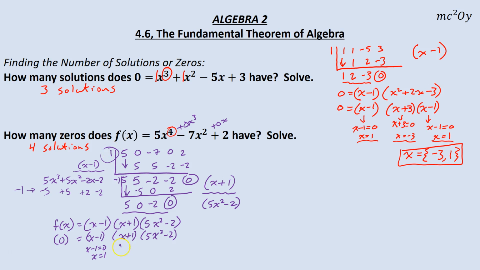If I set x plus 1 equal to 0, we get the solution of x equals negative 1, which once again, we knew. We had that right there. So those two solutions we already had.